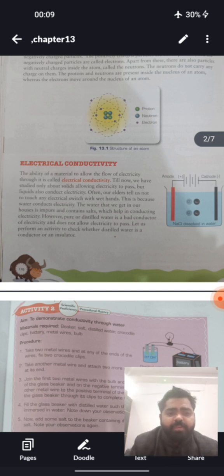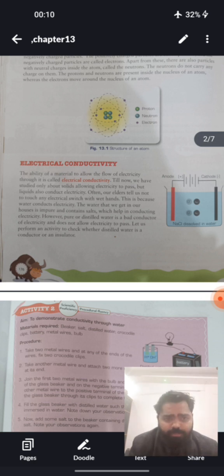We have divided the general materials we find in our surroundings into two categories: conductors and insulators. One more thing is semiconductors, that we have discussed in class and will be studying in higher classes also. This year also we'll be studying this property, conductivity, but we'll be focusing more on the electrical conductivity part.